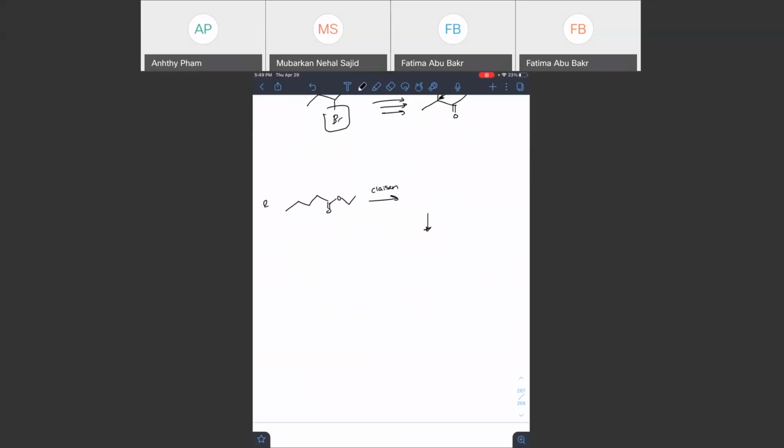After that, they will hydrolyze the, so actually let me just draw the product. I'm just not going to go through how it's done. So this is a product.